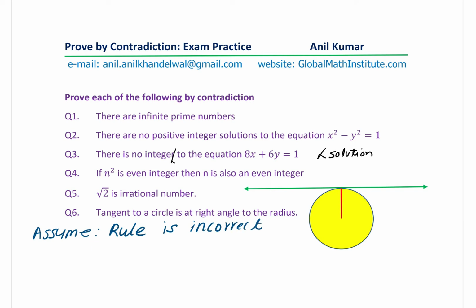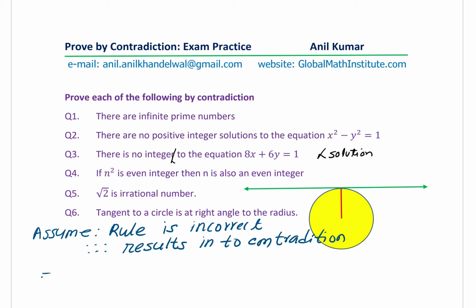So we'll say that the proposition or the statement or the rule is incorrect. Once we take that proposition, then we do some steps to show that that results in a contradiction of some type. Since we come to a step where we are contradicting what we assumed, it is leading to wrong things.